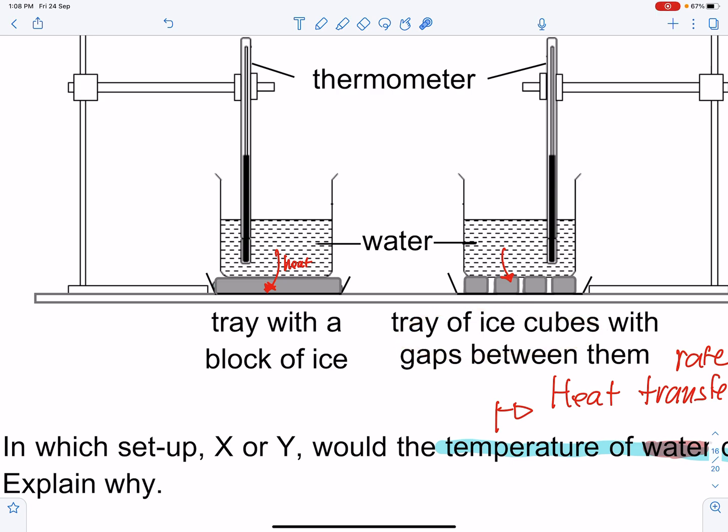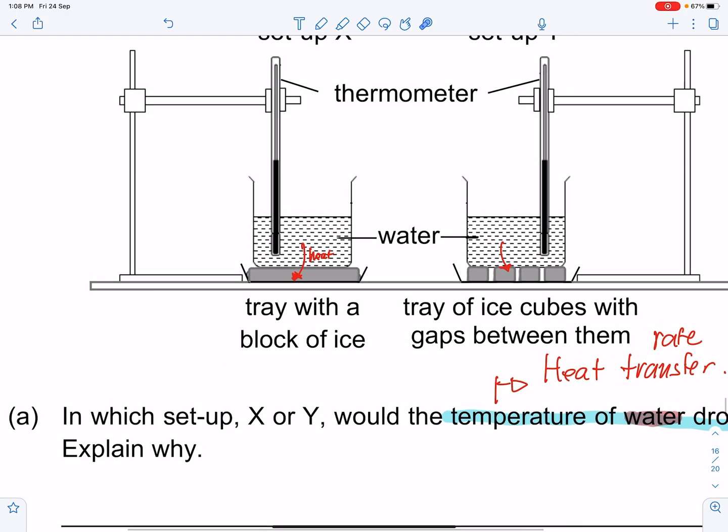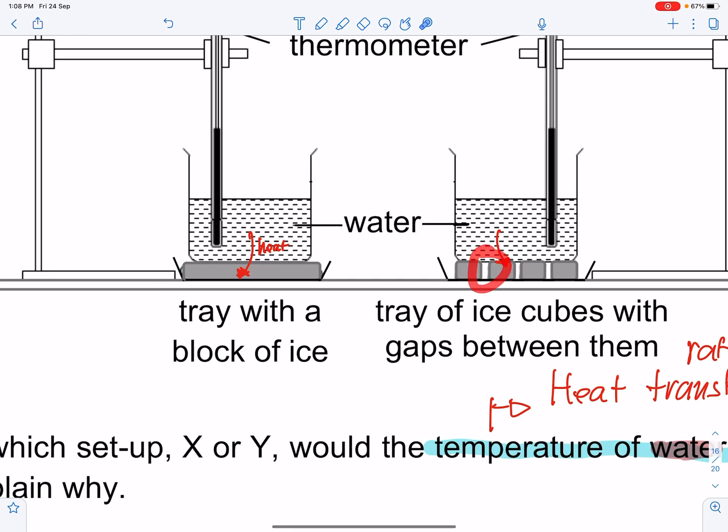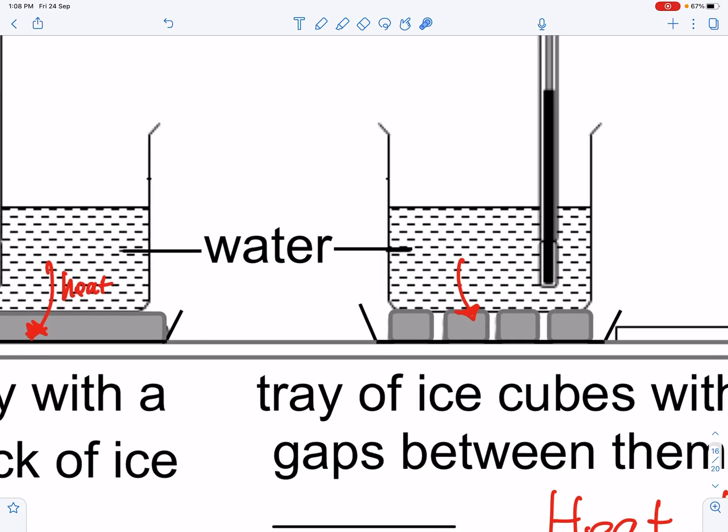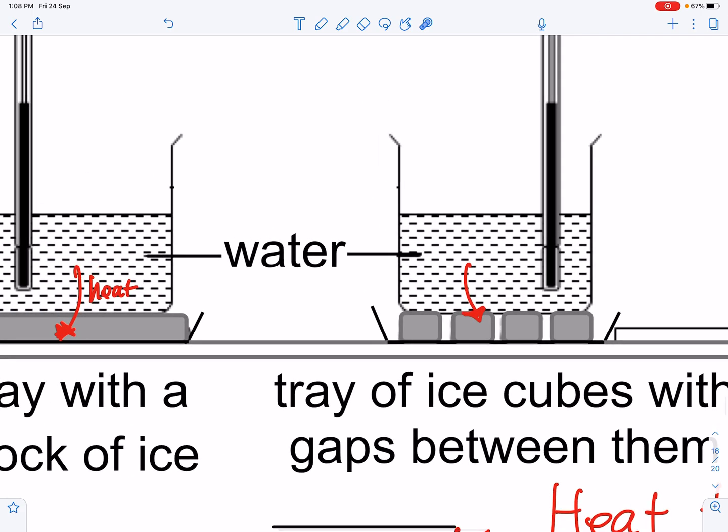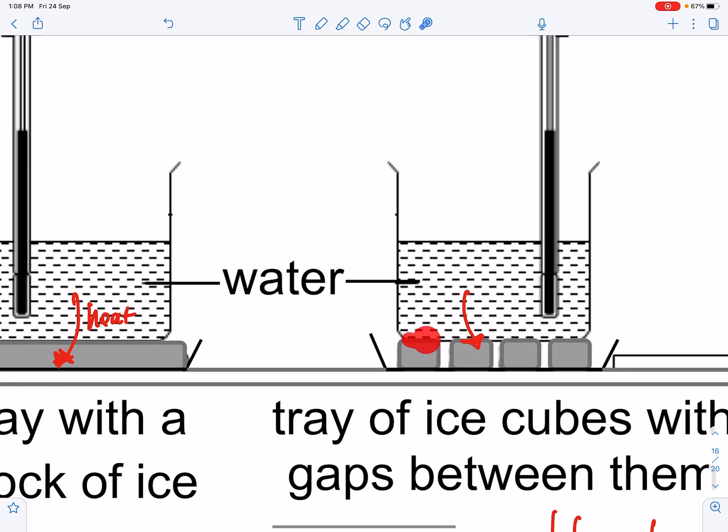Now a lot of you think that this question has got to do with air being a poor conductor of heat. But no, people, listen. If you take a look here, the point that is gaining heat is from this region to this region, and the point of contact is here. In between, there is no air. There is no air between the ice cube and the beaker.